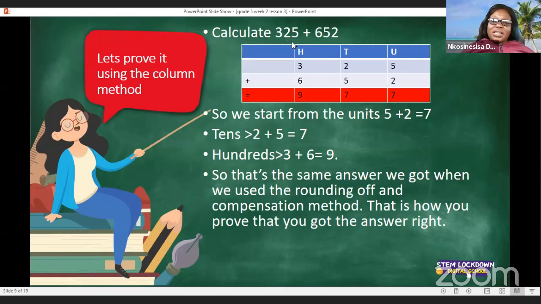And then 2 is tens, you write it under tens. And then 3 is hundreds, you write it under hundreds. So you do the same thing to this one. 2 is units, so you write it under units. And then 5 is tens, you write it under tens. And then 6 is hundreds, you write it under hundreds. So with the column method, we add units, tens add tens, and hundreds add hundreds. You see also when you do the breaking down method, we do the same thing, right?